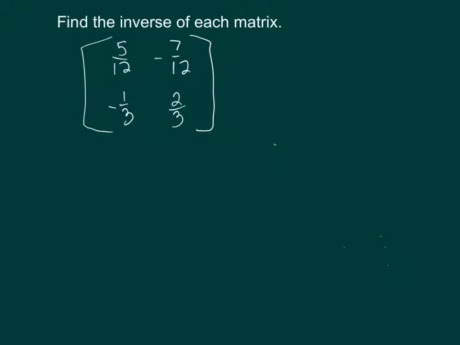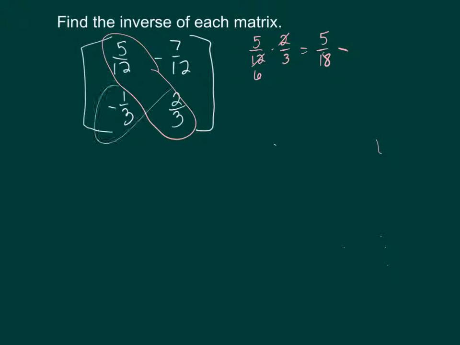Okay, for this example, we need to first of all find our determinant. So multiply across that diagonal. So 5 over 12 times 2 over 3. 2 goes into 12 6 times, so that's 5 over 18. And then we need to subtract.